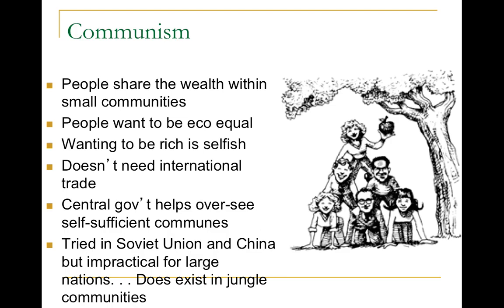People don't necessarily want to share the wealth. And in every nation that's tried to go towards communism, it's never been successful. The people of Papua New Guinea who live in their rainforest are communist, but no real country is communist. Cuba is not. China is not. North Korea is not. And for many years, Russia thought it was, and it was not.